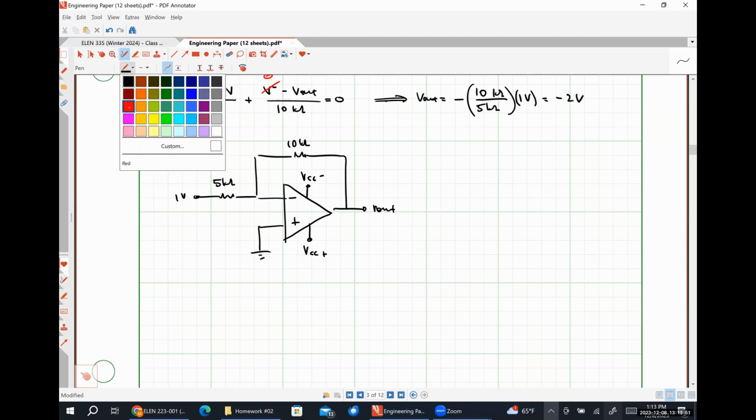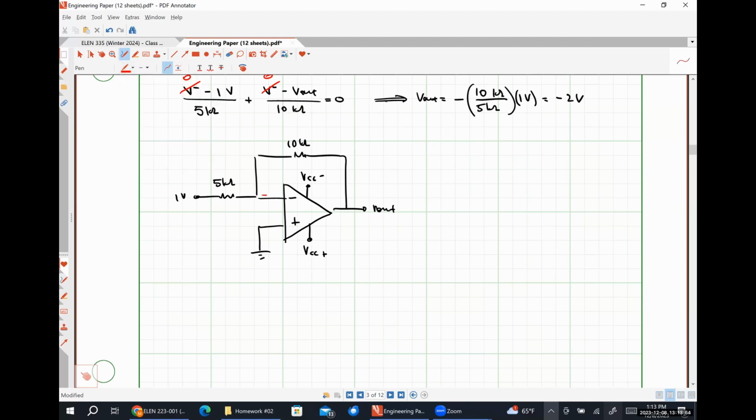So using my current constraint, I know that this current has to be 0 and this current has to be 0. I can see by inspection that this voltage is 0 volts, which means this voltage is 0 volts.